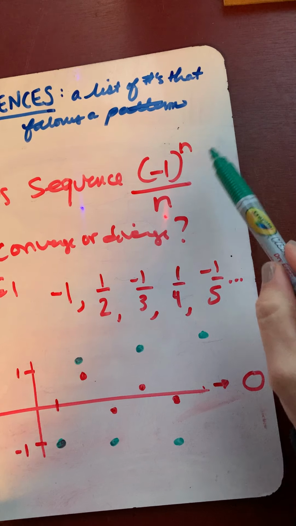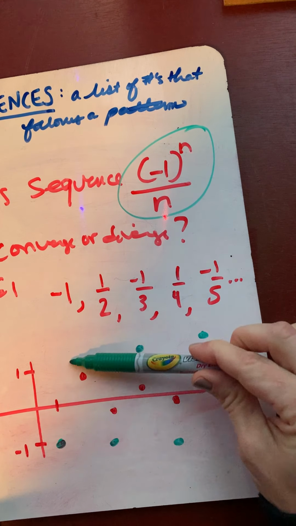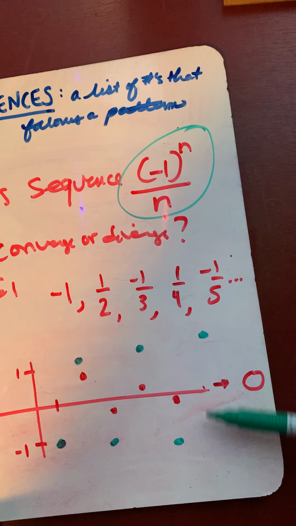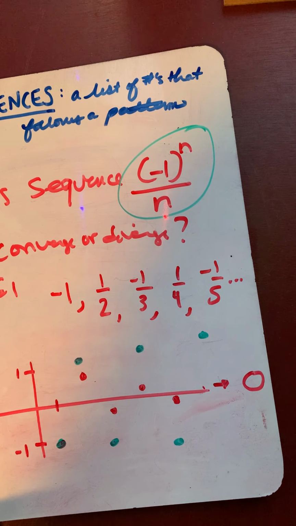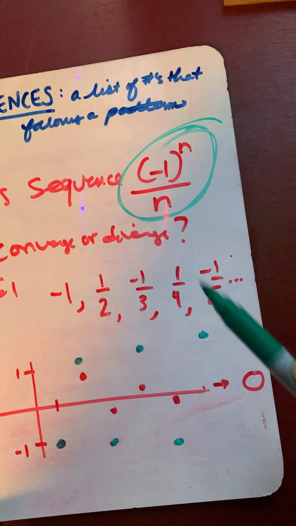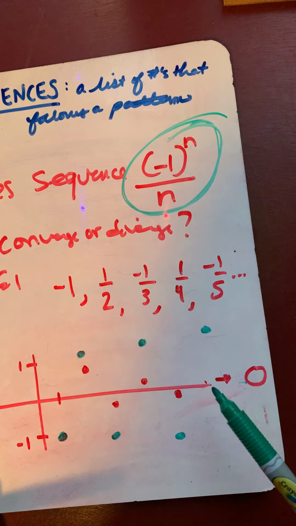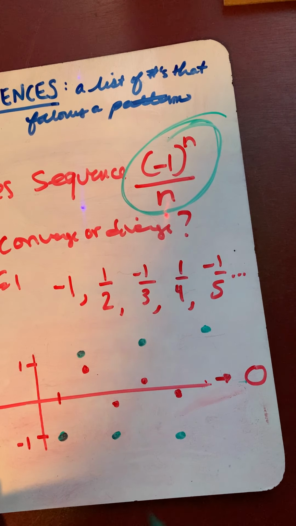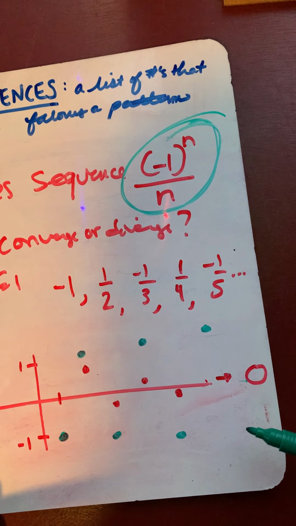If I can think about this as kind of a function, what am I getting closer and closer to? I should be getting closer and closer to a certain y value, which is basically a horizontal asymptote. So this sequence has a horizontal asymptote of 0, kind of technically. It's not quite that, but it has that general idea. I'm getting closer and closer to 0 as I go out to infinity.